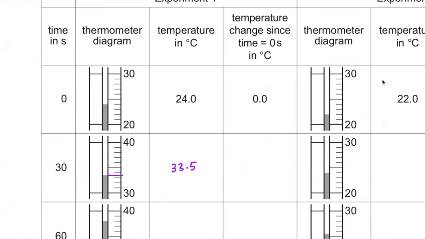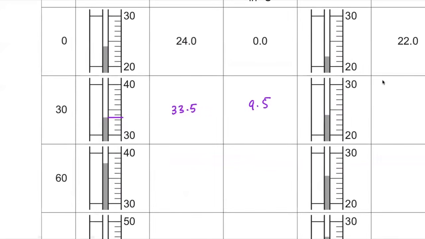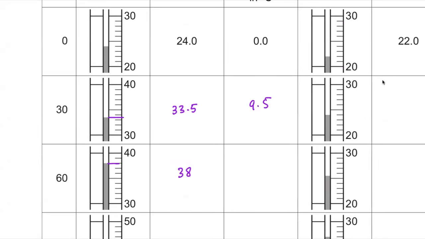So 33.5 minus 24 is going to be 9.5. Then at 60 seconds, the temperature is 38. Do remember, if it's 38, you are going to put 38.0. Don't just write 38. So 38 minus 24 is going to be 14.0. Yes.